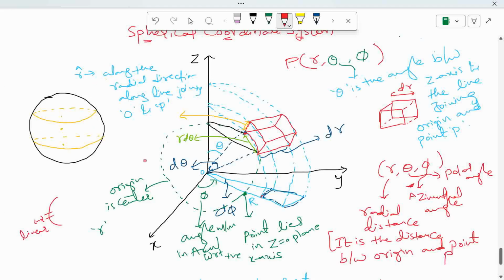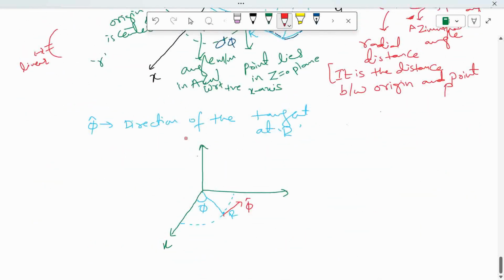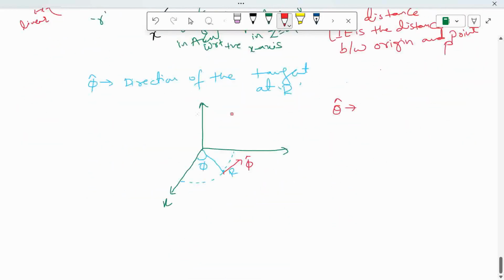We have dr. We are talking about unit vectors. So phi cap is the direction of the tangent at R, and theta cap. Now see in this, let me draw here. The point P exists at this point. So this is the actual point.